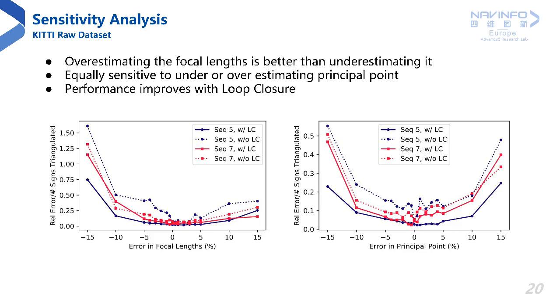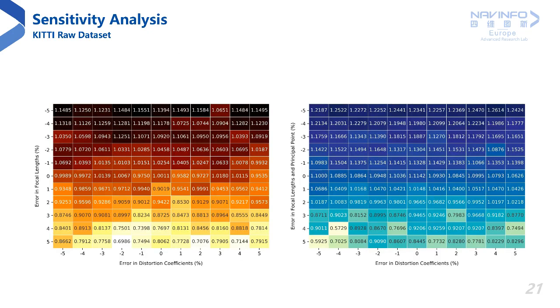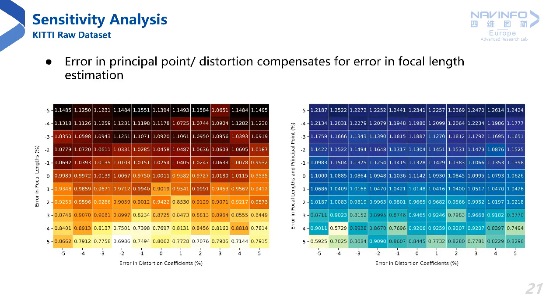The 3D positioning performance also improves with loop closure. More loops, as in sequence 5, lead to higher improvement when compared with the improvement corresponding to sequence 7, which contains only a single loop. The error in estimation of principal point or distortion coefficients compensates for the impact of error in focal lengths on the traffic sign positioning.